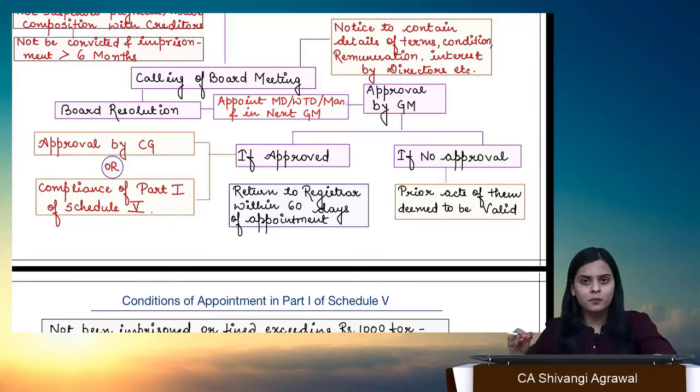Fine. Now, limits under A or B are available, or you can say you pay according to item A and B, if these 4 conditions are satisfied. Then only you can pay according to section 2 of part 2 of Schedule 5.